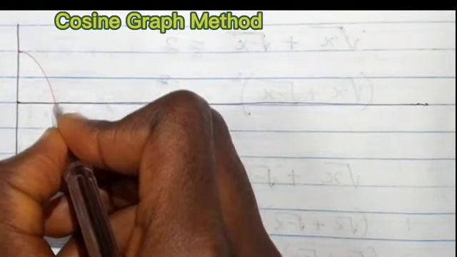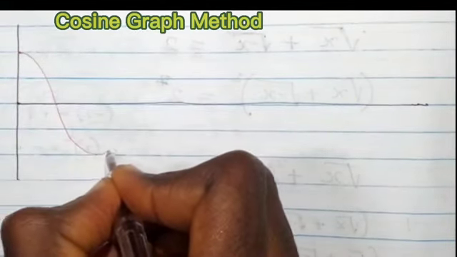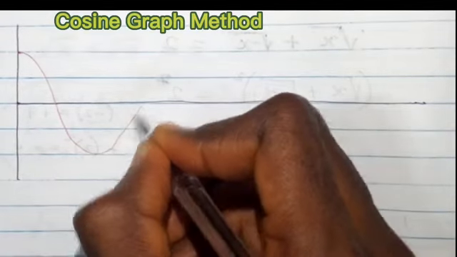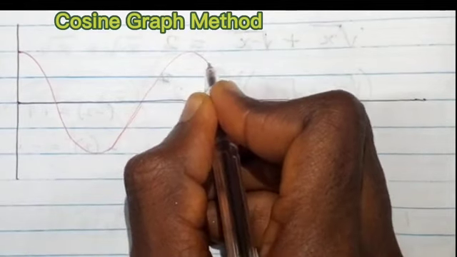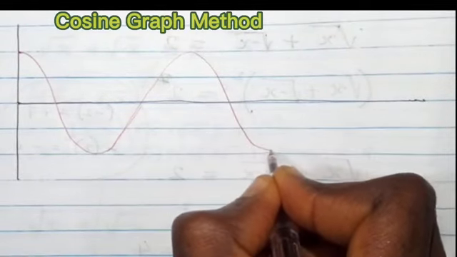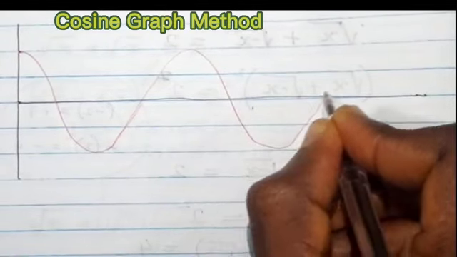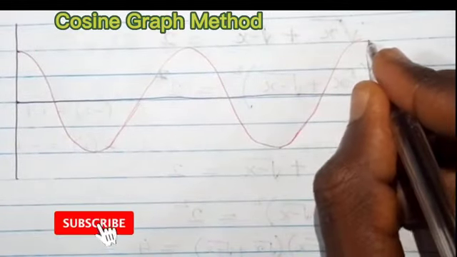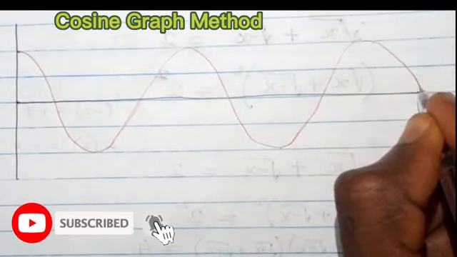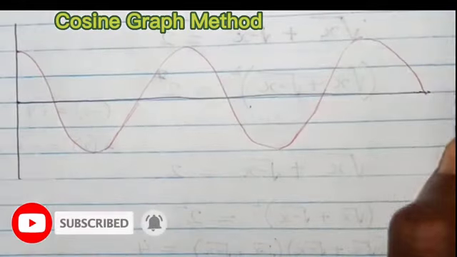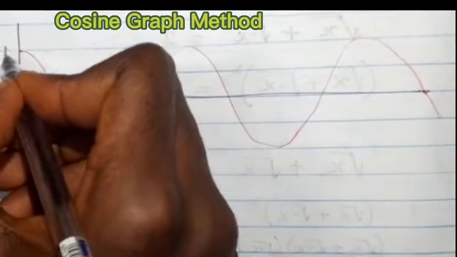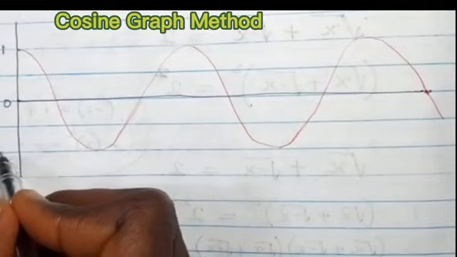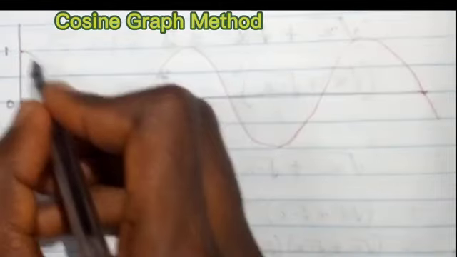So it will reach the lower amplitude, which is -1, and continue to the upper amplitude and lower amplitude again, and continues like that. Hope you are getting it. Now let's label it. The upper amplitude is 1, the origin is 0, and the lower amplitude is -1.